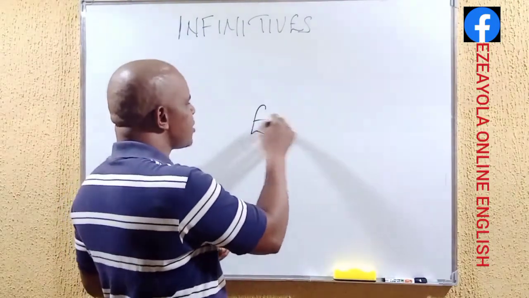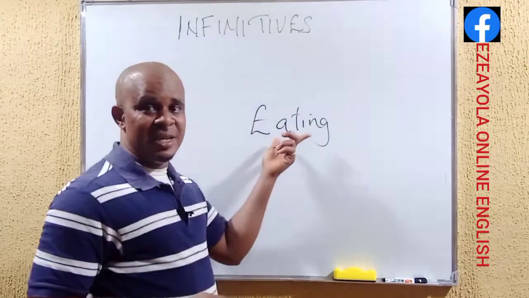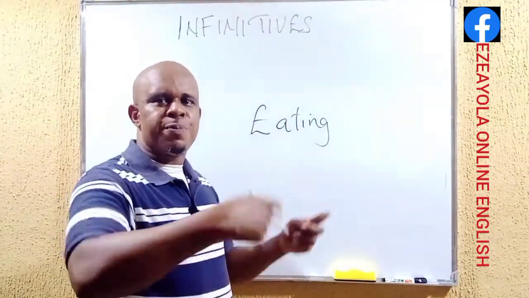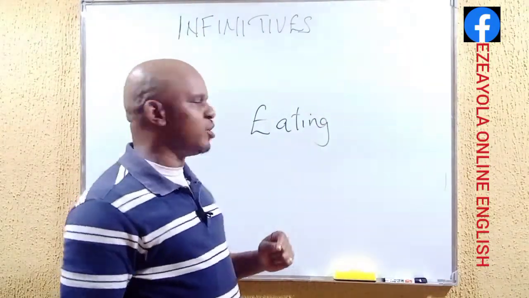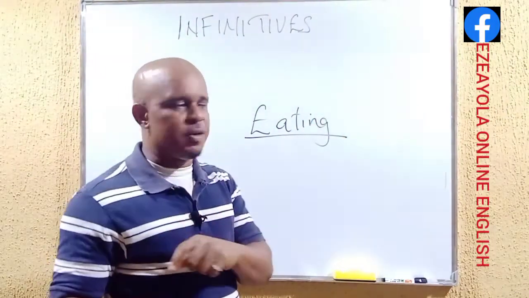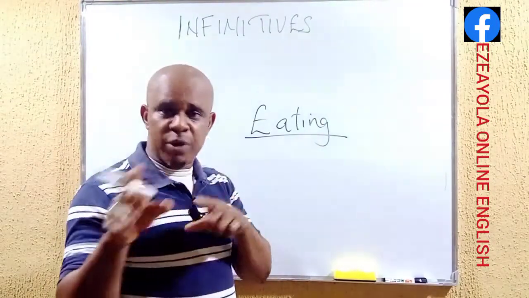For example, eating normally should be seen as a verb in the progressive tense, that is present continuous. But here we are looking at it not as a verb, but as a noun.